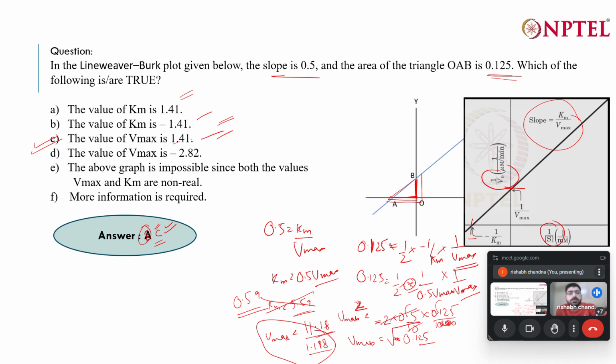Okay. Because here I'm substituting Km, right? From the slope we can get 0.5 is equal to Km by Vmax, right? So I have substituted this particular value in the denominator because here the slope, that is OA, is 1 by Km.